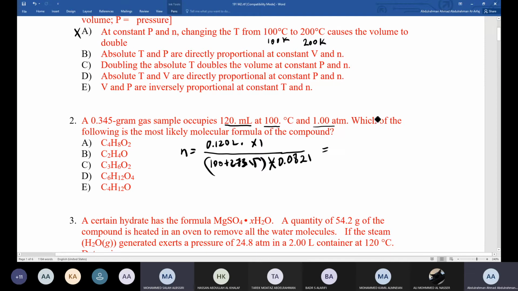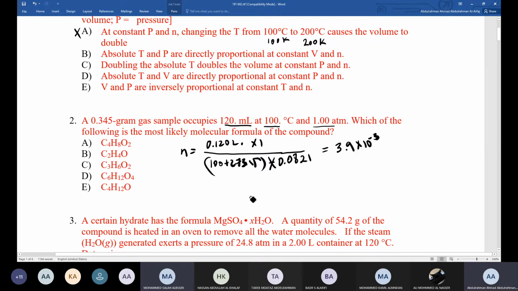Okay, give me the final answer. It would be 3.9 times 10 to the power minus 3.